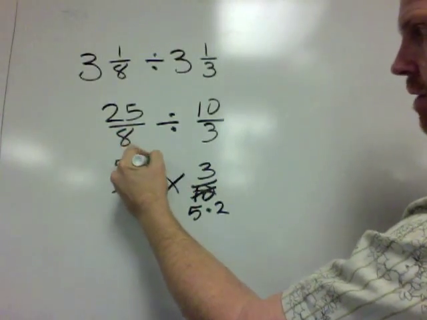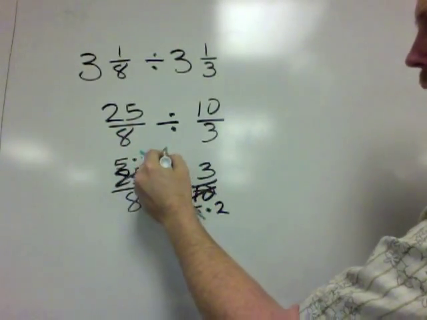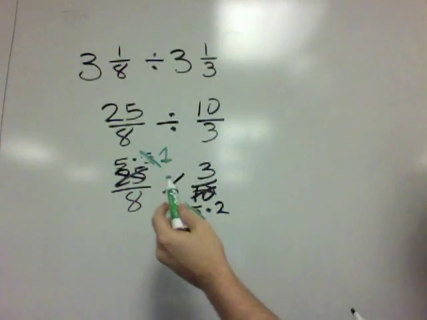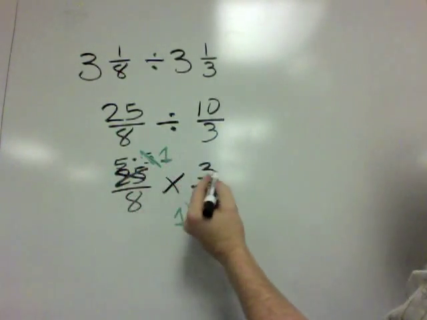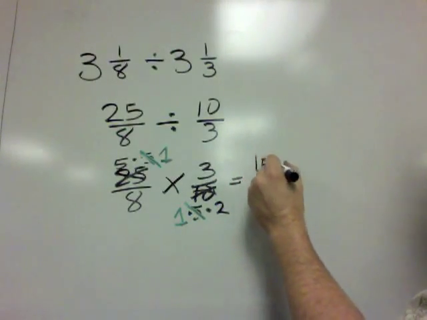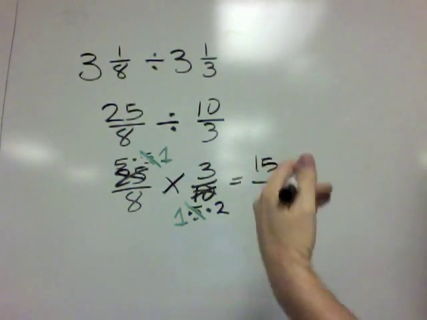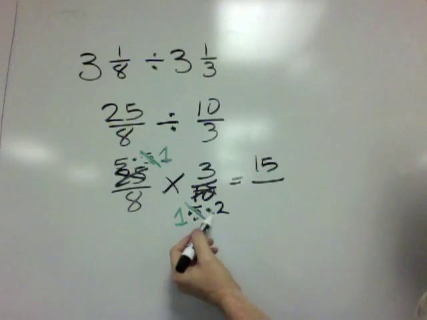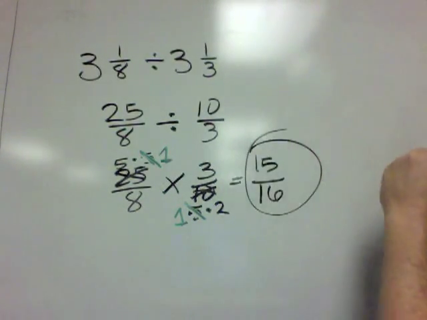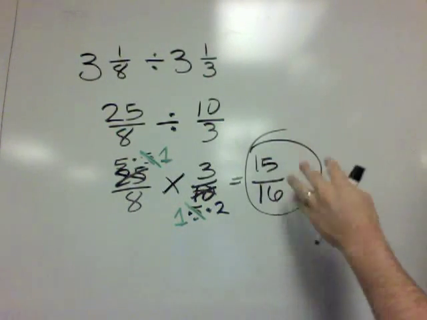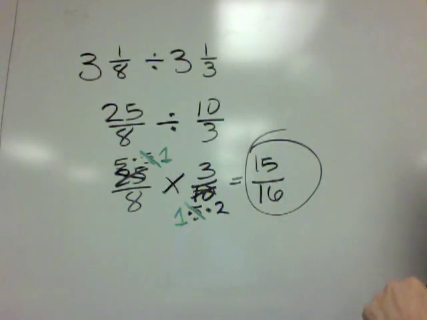So this 5 and this 5 equals 1 whole. And so now in the numerator, we end up with 5 times 1 times 3, which is 15. And in the denominator, we have 8 times 1 times 2, which is 16. This is a nice proper fraction, cannot be reduced. It's not improper, it's all good. We're done.